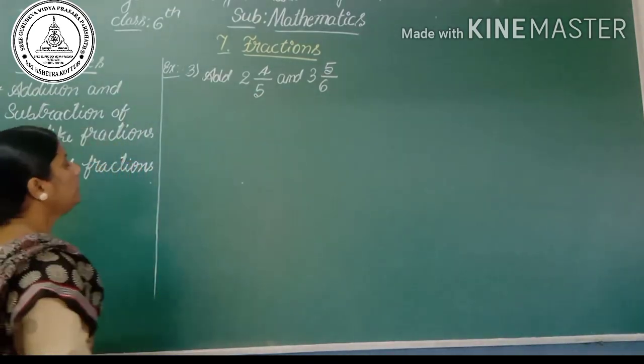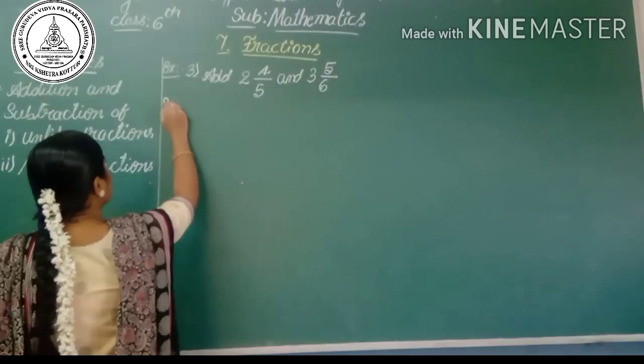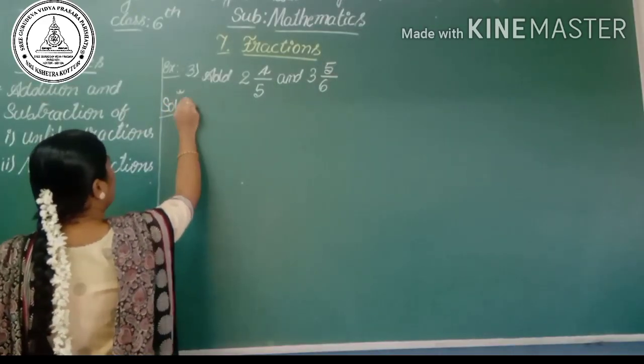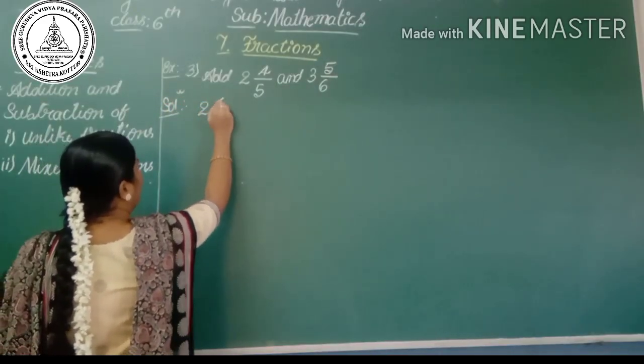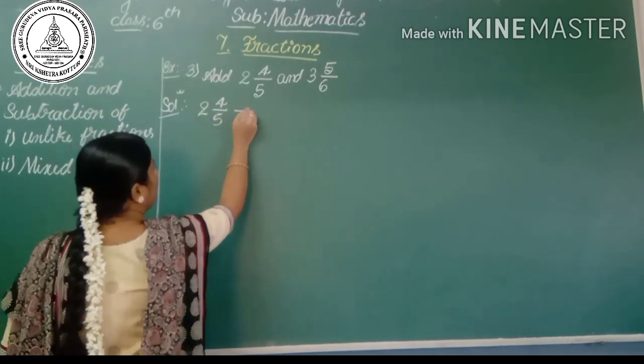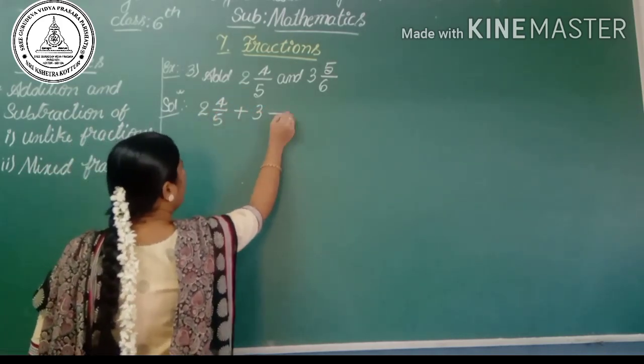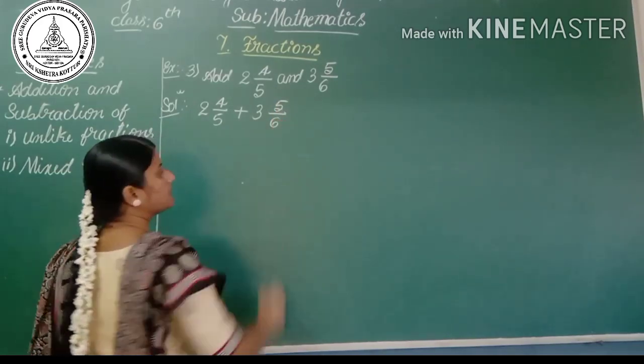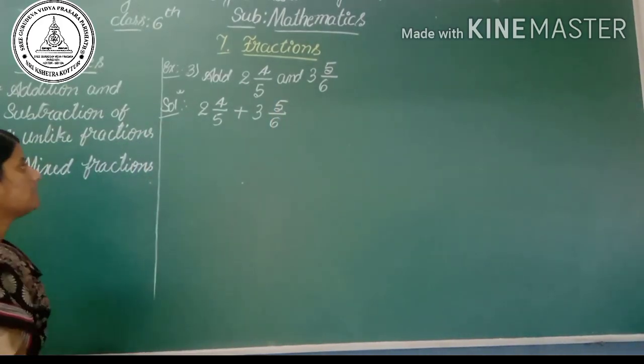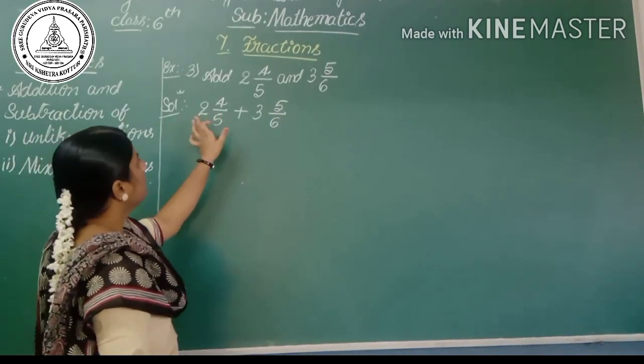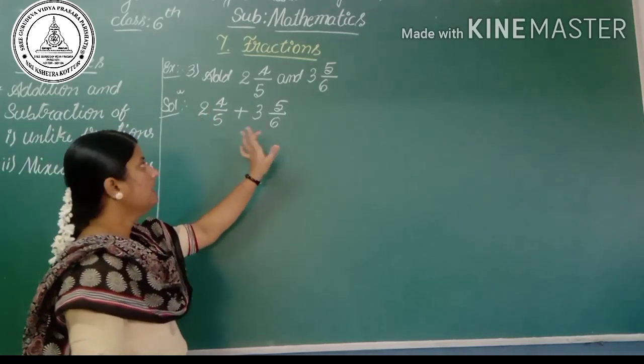Write the given fractions using the addition symbol: 2 whole 4 by 5 plus 3 whole 5 by 6.